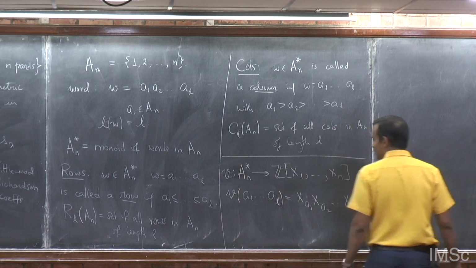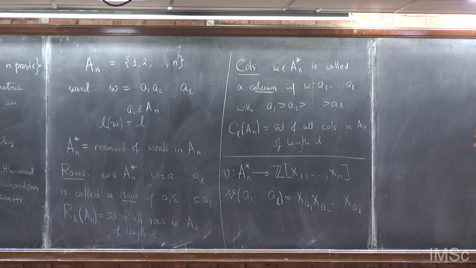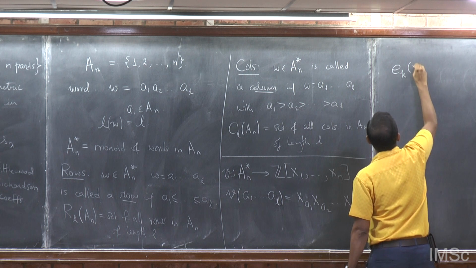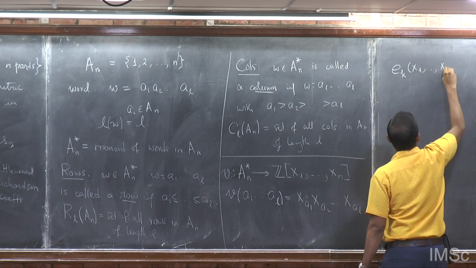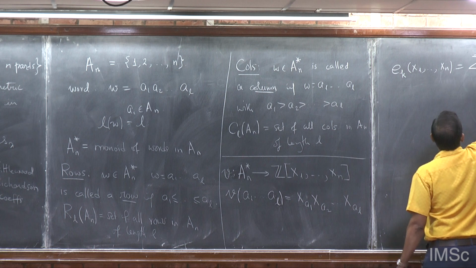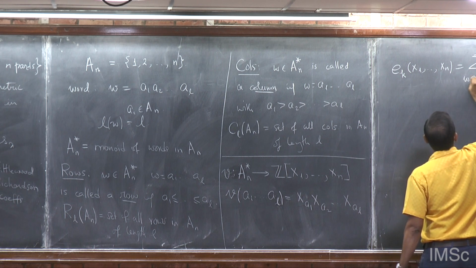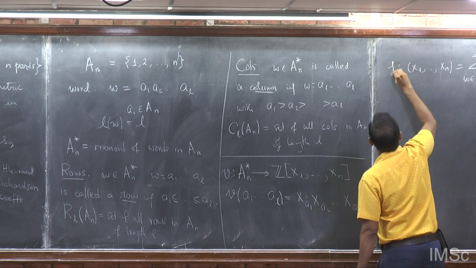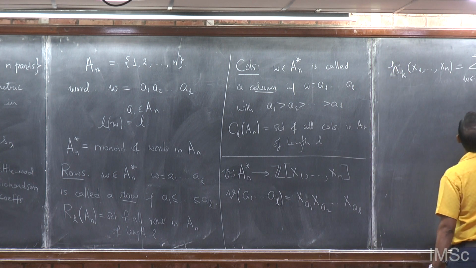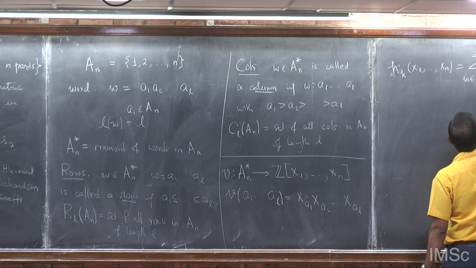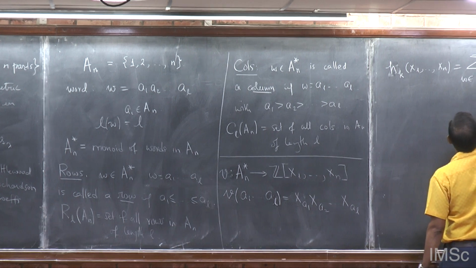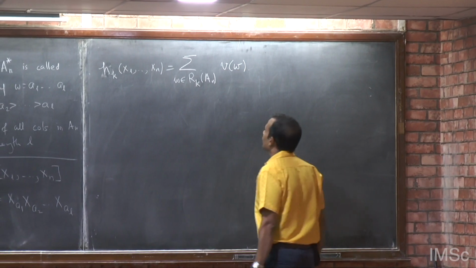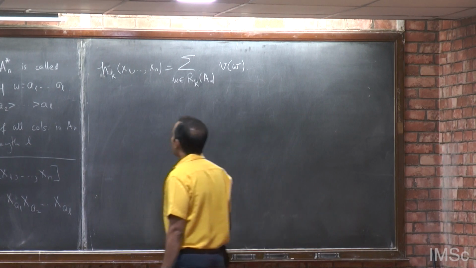Already you can say something interesting about symmetric functions. You define h_k(x_1, ..., x_n) as the sum over W in R_k(A_n) of the weight of W. What is this?